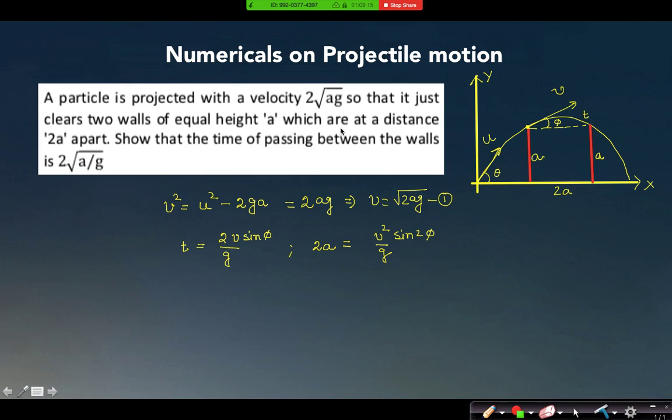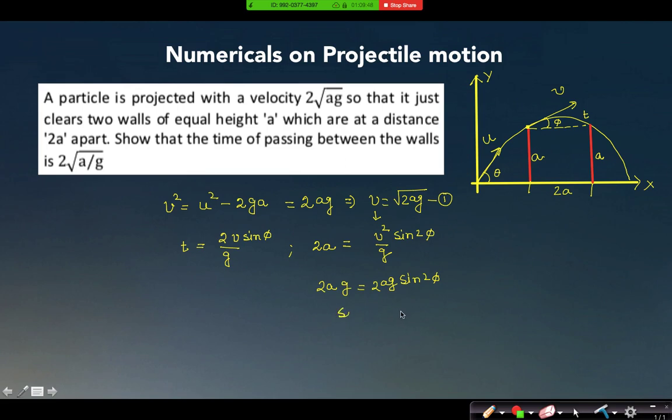Yes, it is given in the question: two walls which are at a distance 2a apart. Now let me put the value of v in this equation. Can you find the solution of sine 2 phi? So 2a into g is equal to v square, which is 2ag, into sine 2 phi.